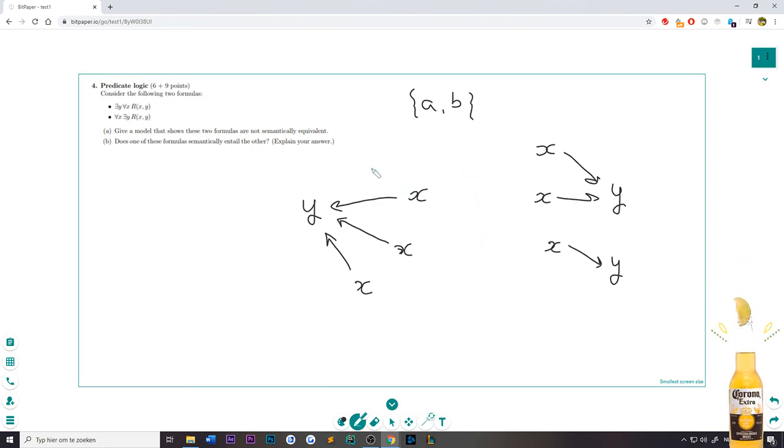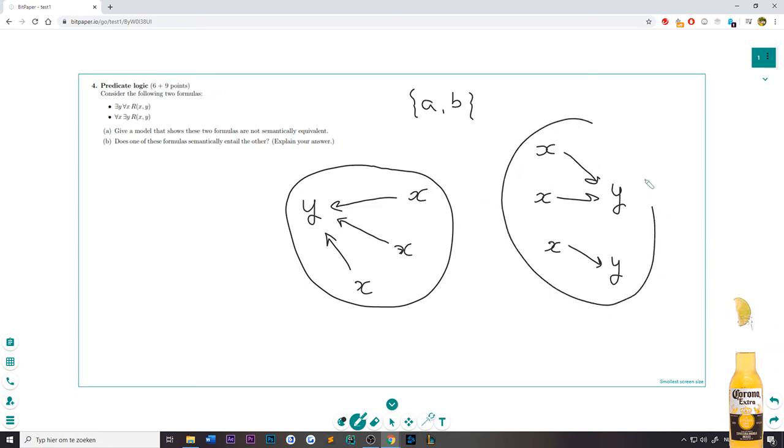If this is our model, then this holds for both, but if this is our model, it holds for the second one, but it does not hold for the first one. And so this should already tell you that formula 1 semantically entails formula 2. If formula 1 is true, then formula 2 will also be true by default.